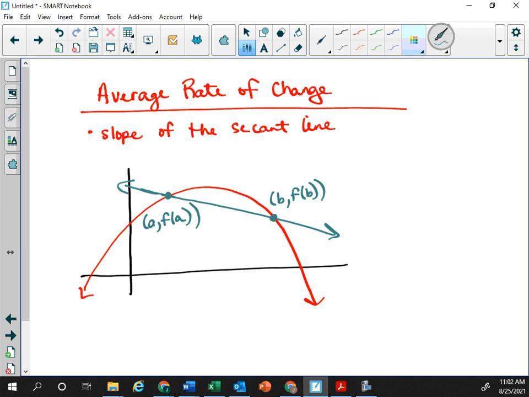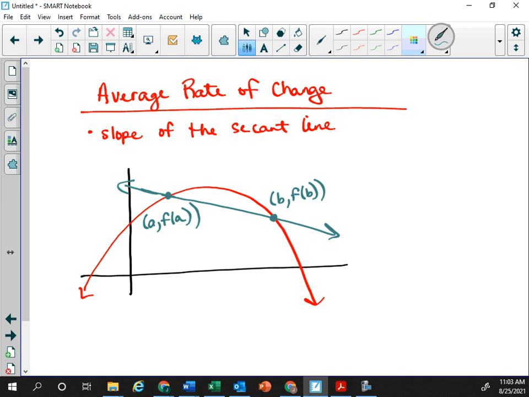So guys, back from like algebra 1 even, what is slope? How do you find slope? Rise over run, okay. And if you were writing out the formula, what would you write? Is it y2 minus y1 over x2 minus x1?